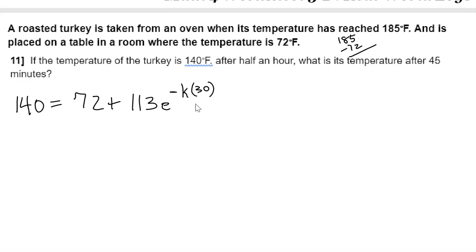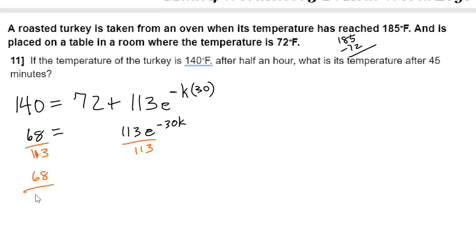So now we should be able to figure out what K is, and then we can go back and figure out what was the temperature after 45 minutes. All right, so if I subtract 72 from both sides, I get 68. If I divide both sides by 113, I don't think that's going to reduce.